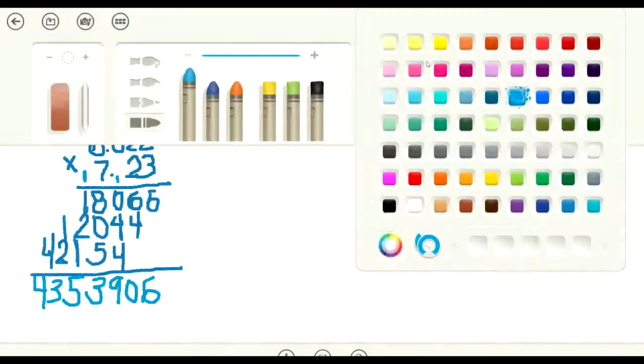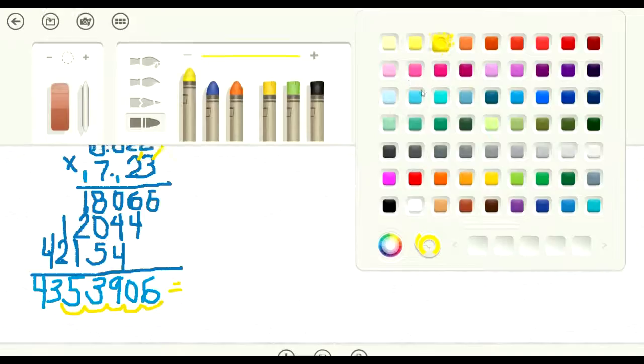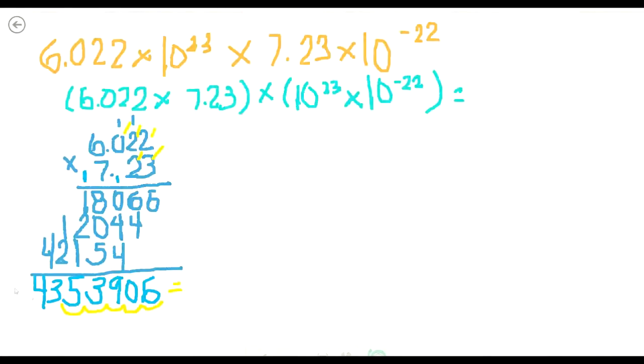So let's count the decimal places. 1, 2, 3, 4, 5. So we're going to move it 5 decimal places, and that's where the decimal point is going to be put.